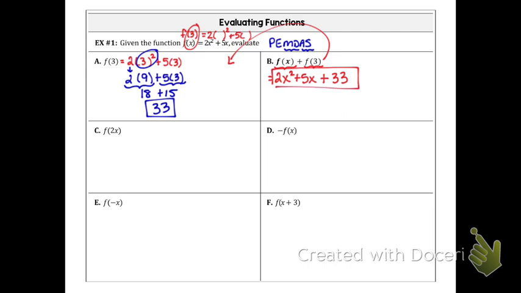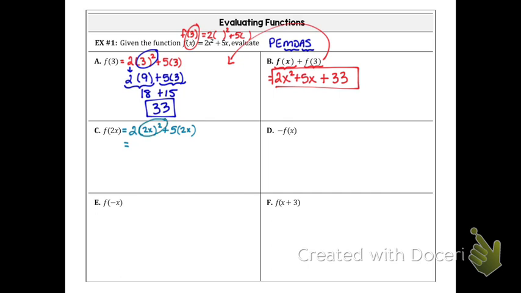C wants f of 2x. So we're just going to plug in 2x for our x. So I'm going to build my skeleton. So 2x squared plus 5x. And I'm going to replace that with a 2x. So this is going to be a lot like we did on A. Parentheses, there's nothing to work inside parentheses.